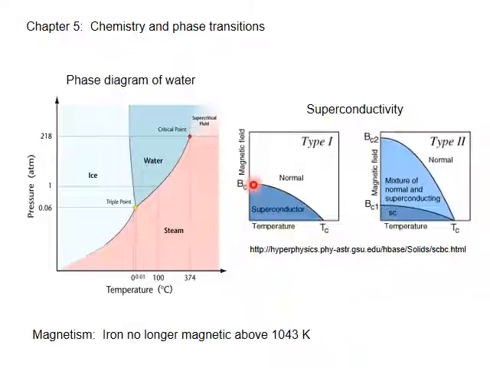So in this case, what's interesting is that there is a phase diagram with respect to magnetic field and temperature. And at low temperatures and low magnetic fields, metals like lead, mercury, aluminum have this miraculous property of having zero electrical resistivity. Outside of this region, their behavior is what we call normal, meaning that of a normal metal.